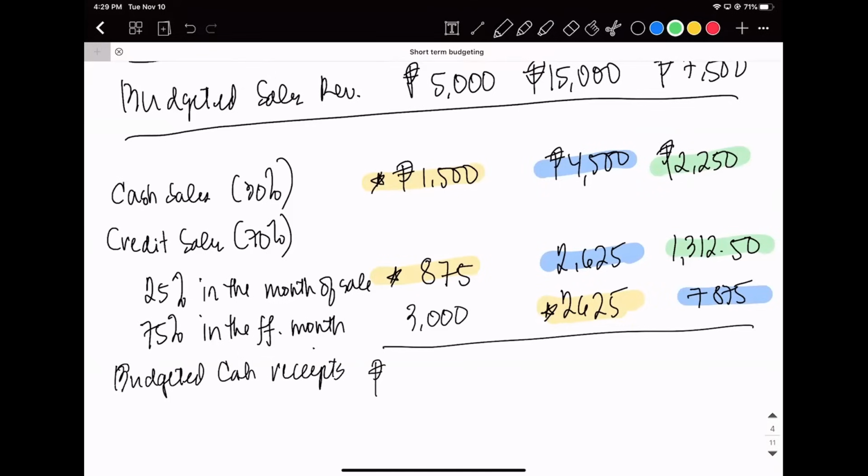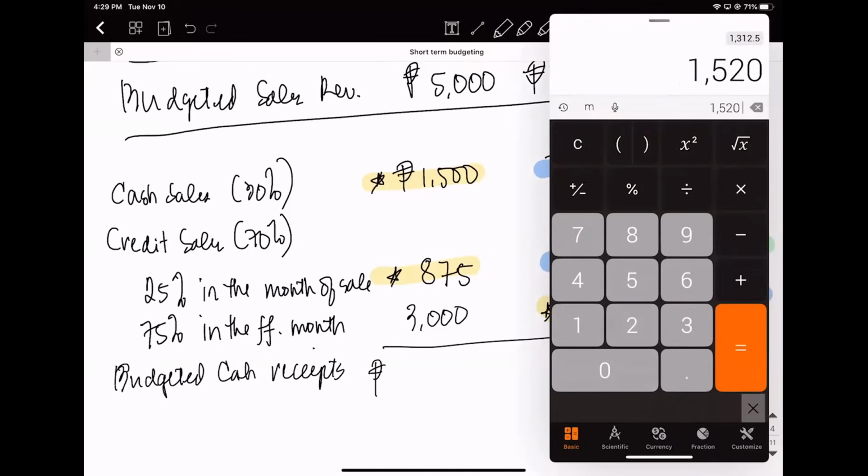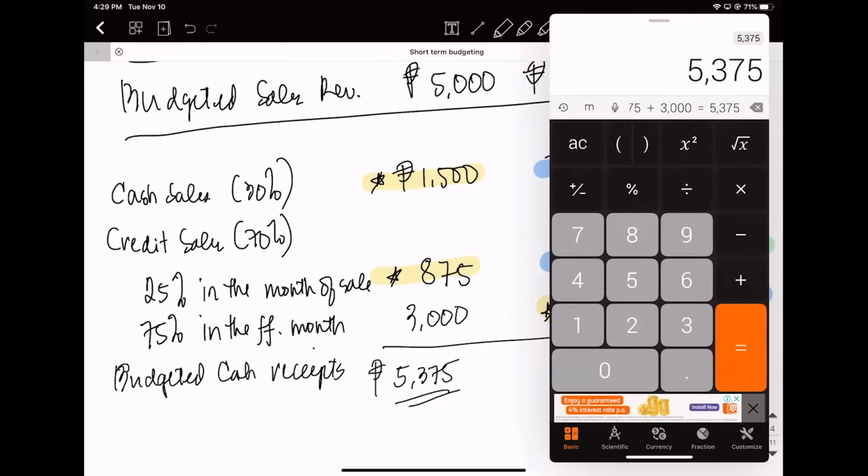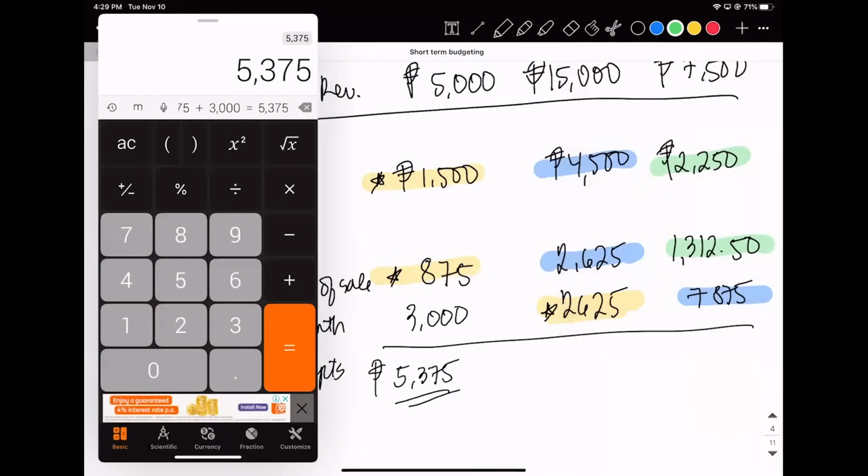So, add lang natin. It's 1,500. I'm sorry. 1,500 plus 875 plus 3,000. So, this is 5,375. And then, for the month of February, 4,500 plus 2,625 plus 2,625, 9,750.